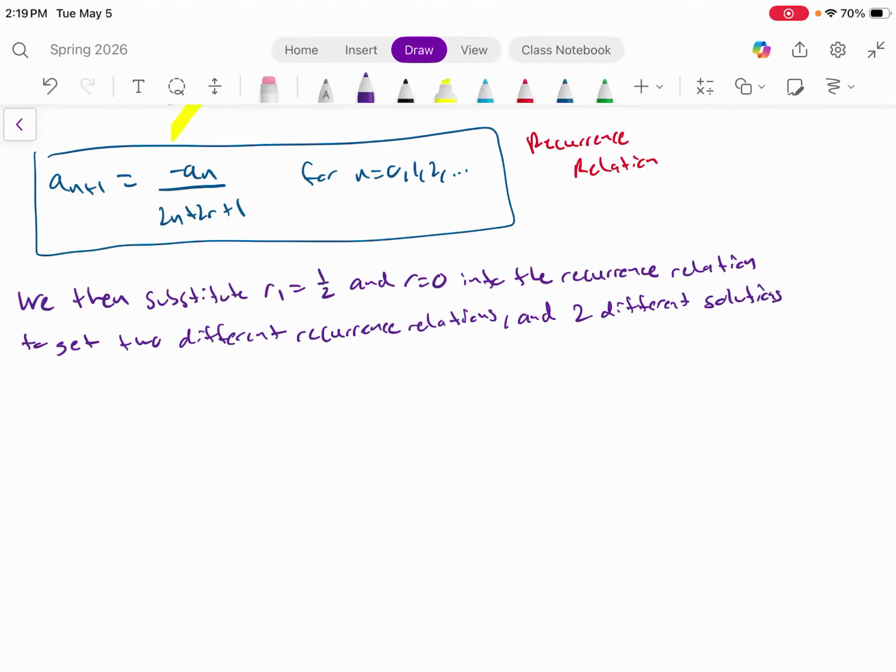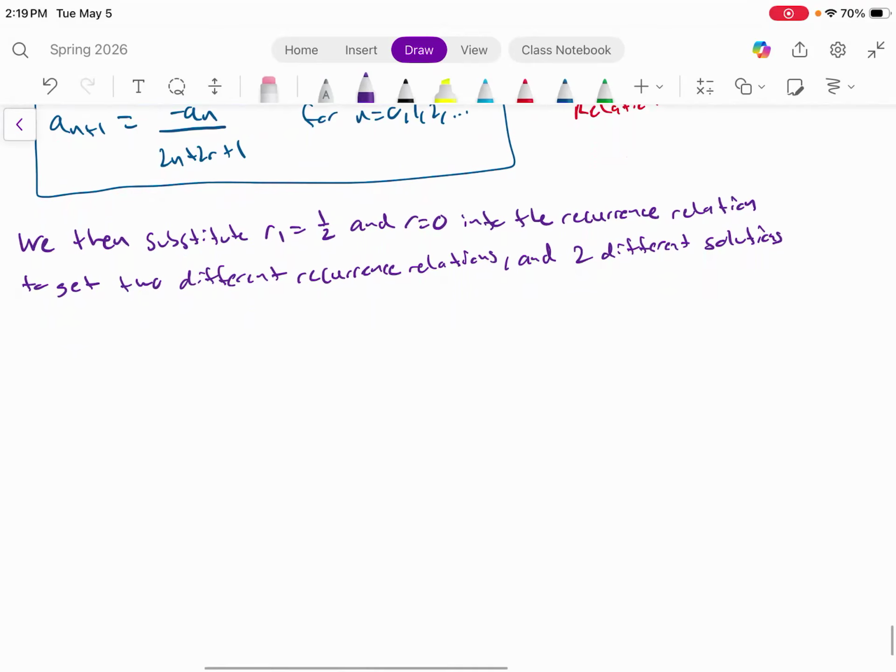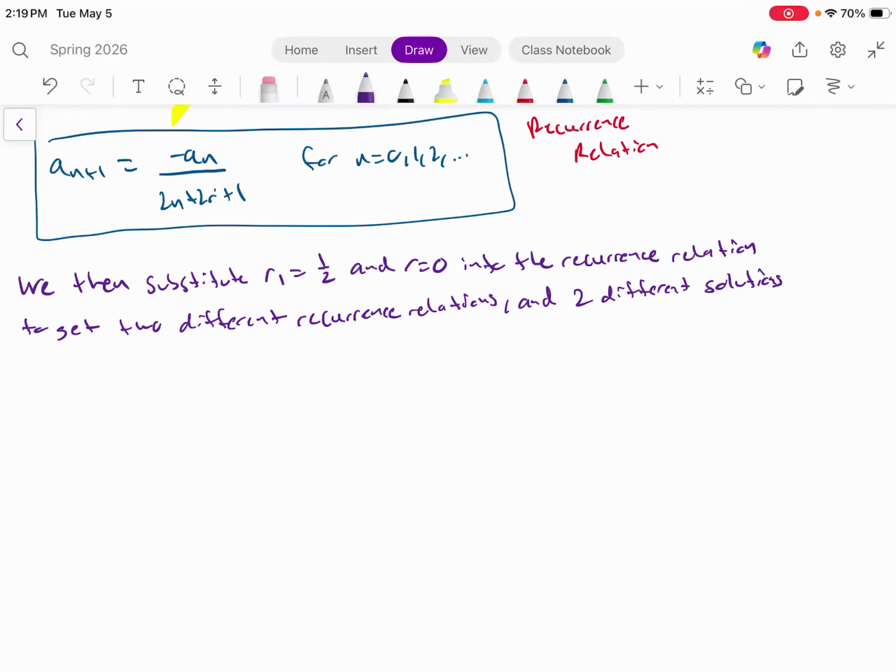Okay, so if I plug in r1 equals 1/2 into this recurrence relation, what will I get?